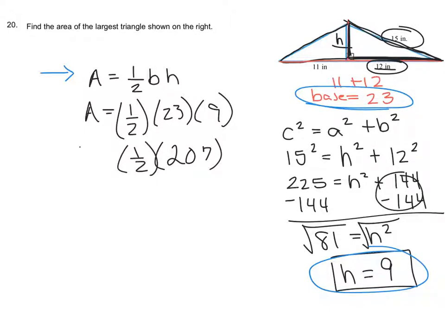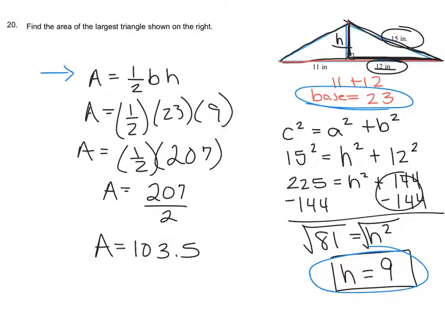Next, we'll multiply that by 1/2, and multiplying by 1/2 is the same as dividing by 2. 207 divided by 2 is 103.5. So our final answer is that the area of the largest triangle is 103.5 square inches.